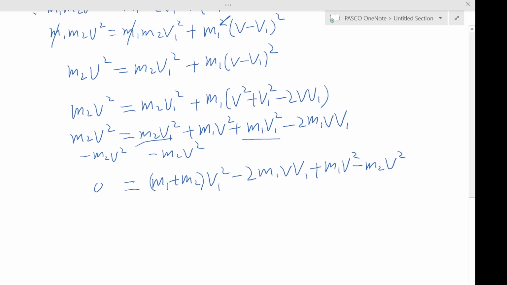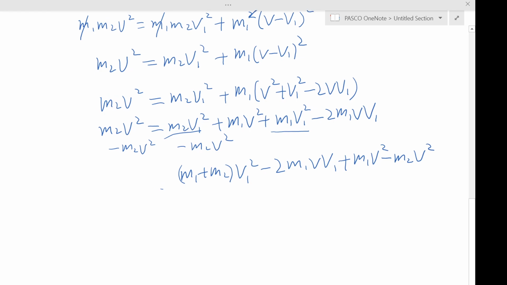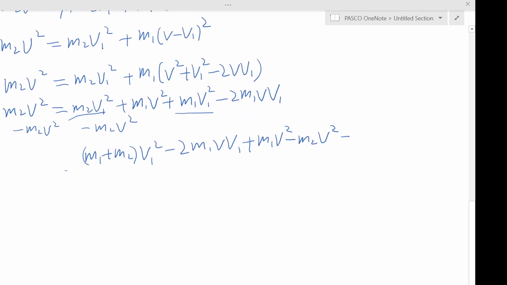Okay. So this is like a quadratic equation, this is like x squared, this is like x, and this is like the constant term. So this is in the decreasing order of the exponent of x, basically. I like to have 0 on the right.